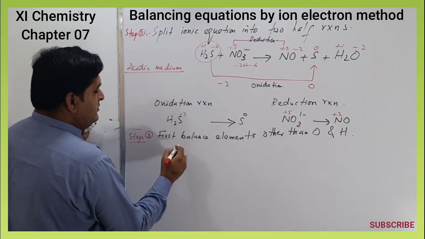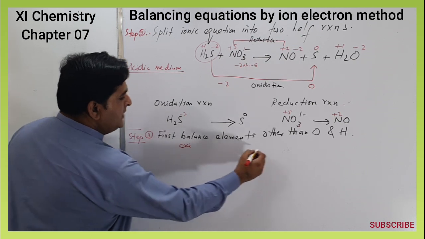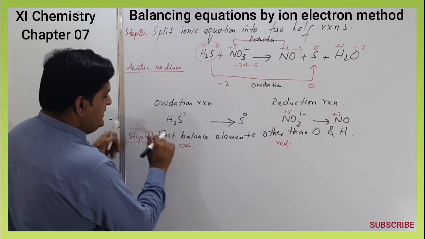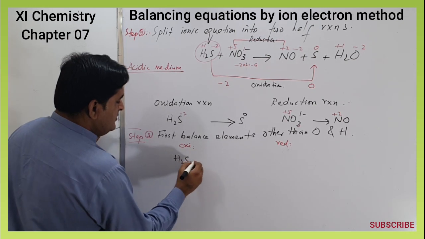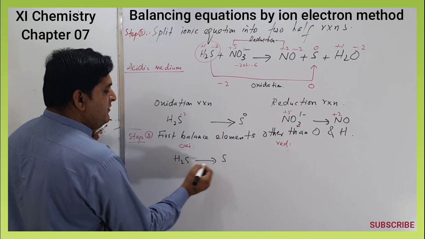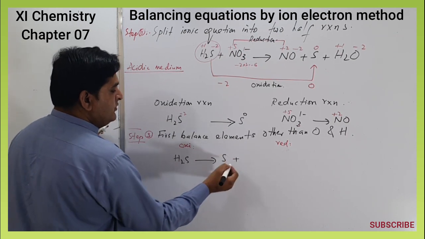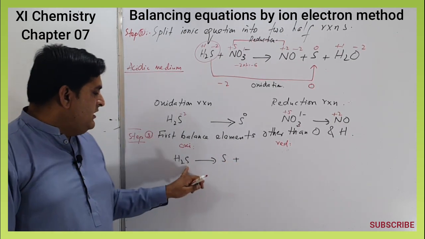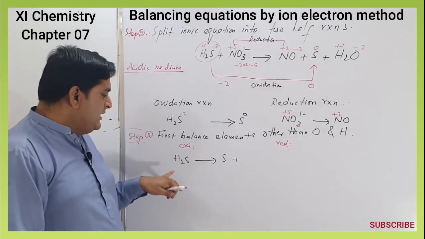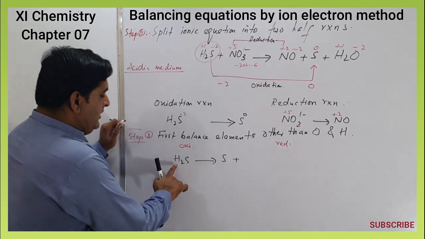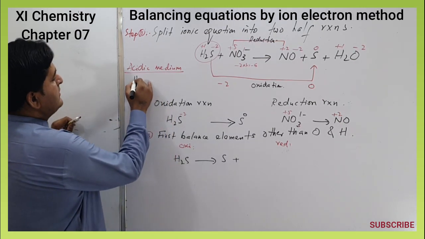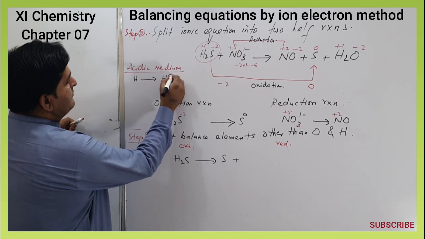So in this case, in oxidation the elements are hydrogen and sulfur. In the reactant side there is one sulfur, in the product side there is one sulfur. So when we complete the balancing of other elements, we will go for hydrogen and oxygen. Here there are two hydrogen atoms. In acidic medium, for each hydrogen atom we add a hydrogen ion.